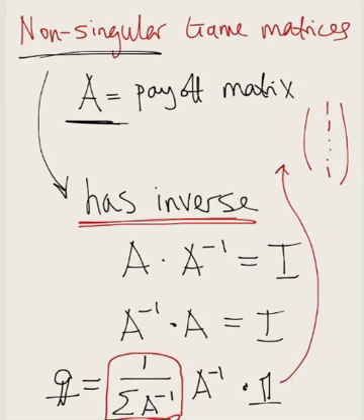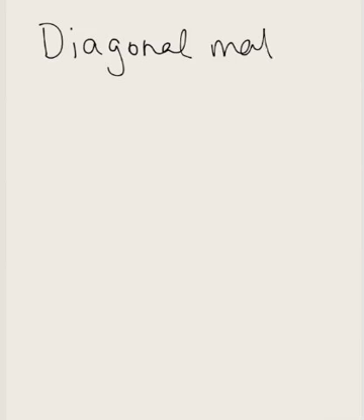And the chapter ends with talking about special cases where you can use this. And one of them is so-called diagonal matrices. And these are particularly nice matrices. And they look like this.